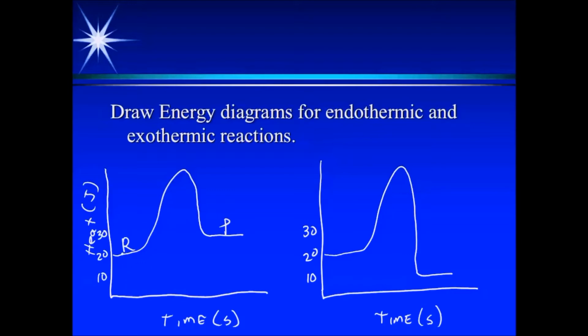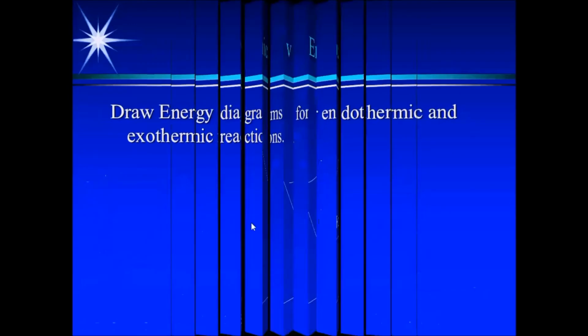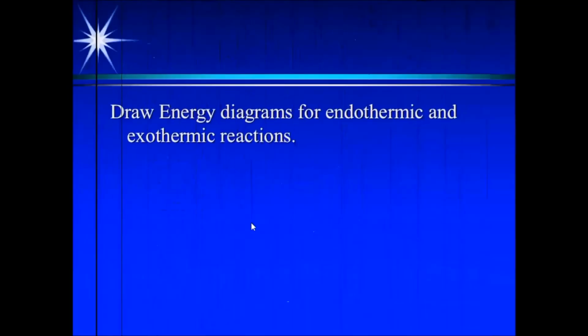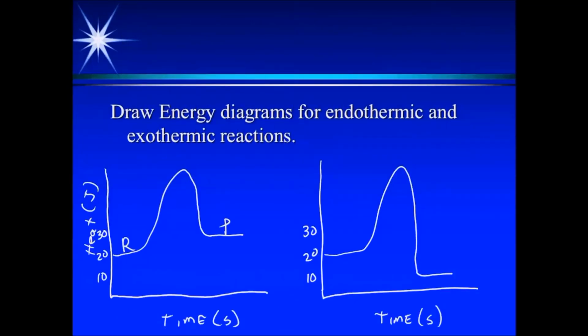All right, so in an endothermic reaction, reactants need a little bit of energy to get it going, but when they become products, they actually come away with more energy than they did originally, because they absorb energy.